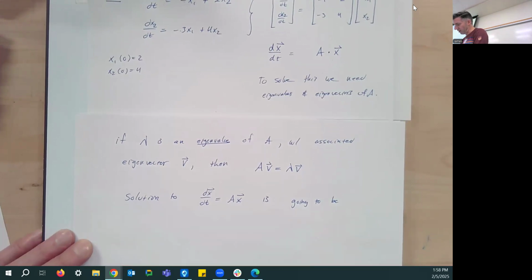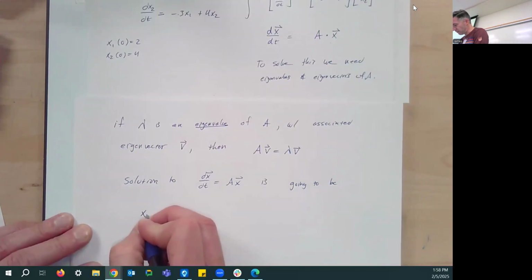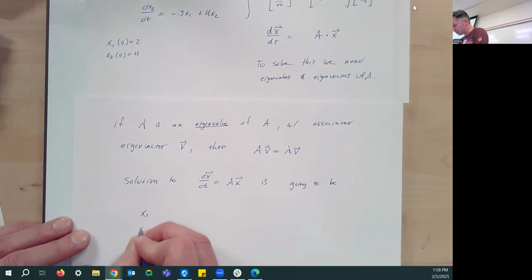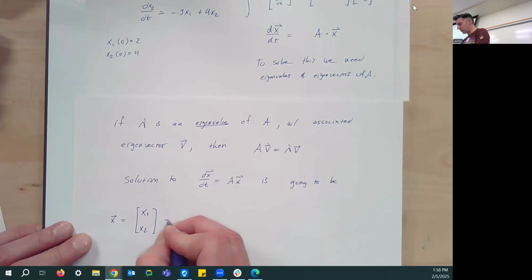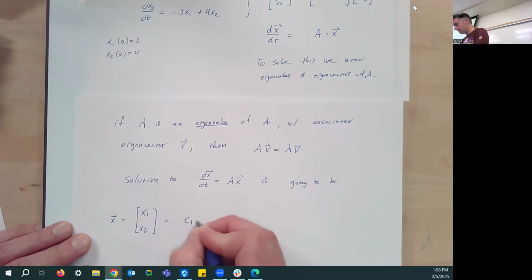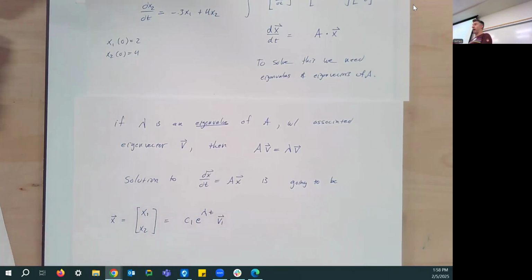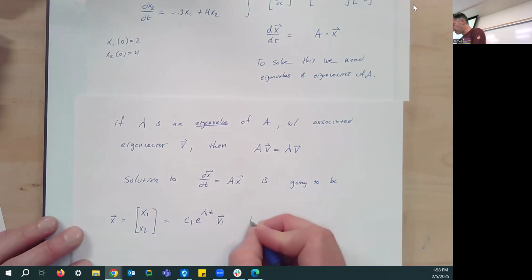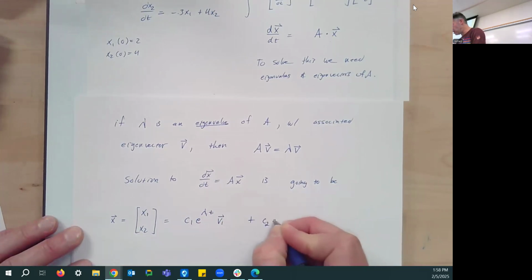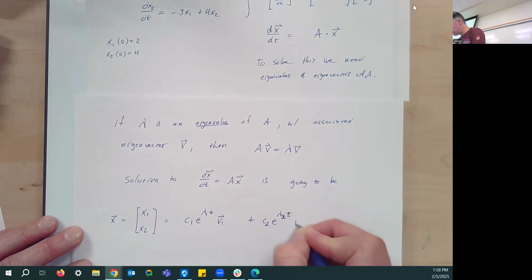The vector x, which is x1, x2, is going to equal c1 e to the lambda 1 t times v1. I'll remind you that there are two eigenvalues and two eigenvectors for most of these 2x2 matrices, plus c2 e to the lambda 2 t times v2.